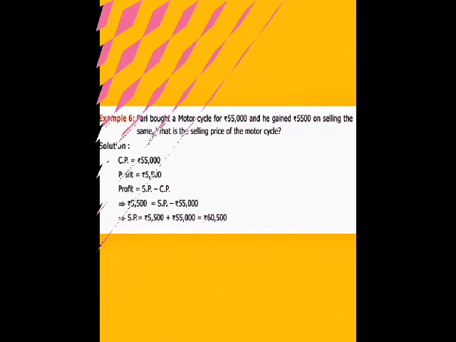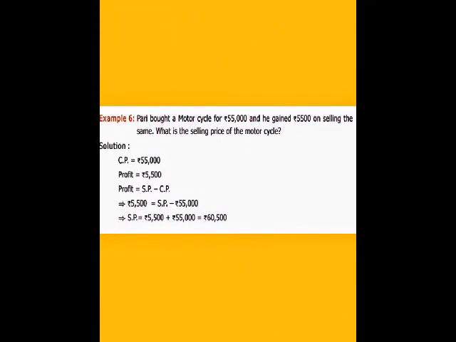The next question: Pari bought a motorcycle for rupees 55,000 and he gained 5,500 on selling the same. What is the selling price of the motorcycle? Here it says that he bought, which means the cost price is 55,000. He gained means profit. He got a profit of rupees 5,500.